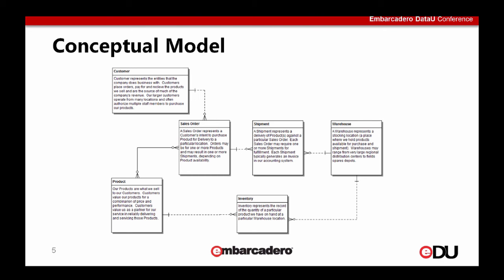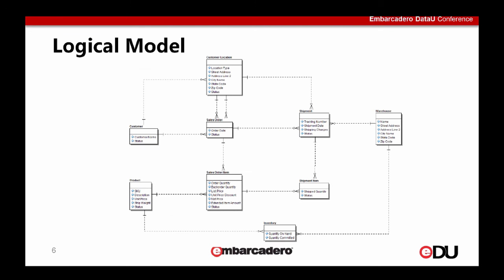We're talking about products and warehouses and the inventory that's carried, and the orders and the shipments that are the bread and butter of a wholesale distributor. So this gives us a good vehicle for conversation, scoping, those sorts of things, but it doesn't get to a model that we can really implement.